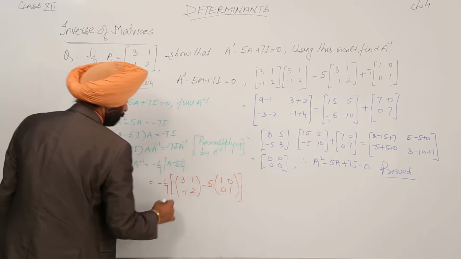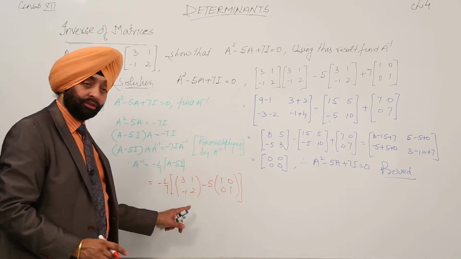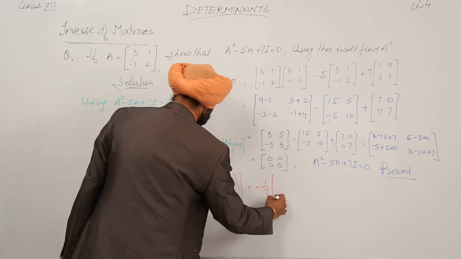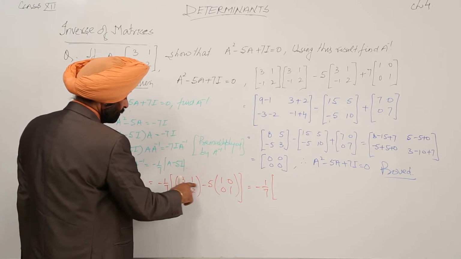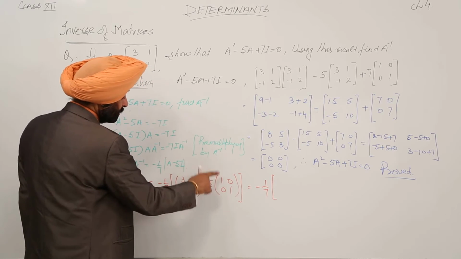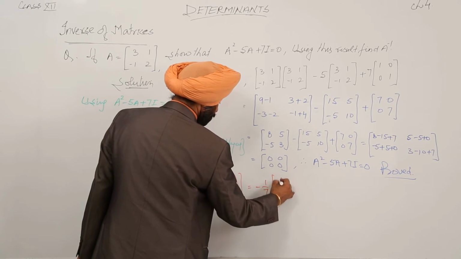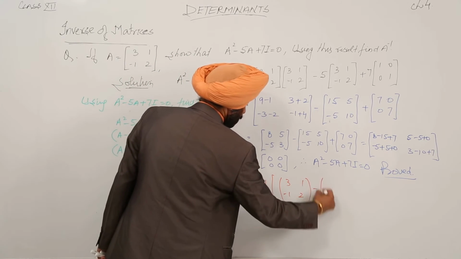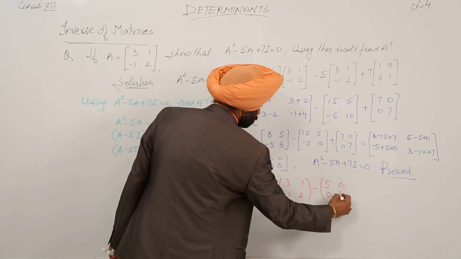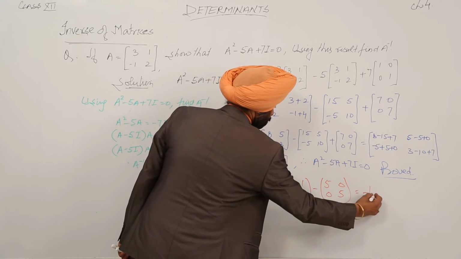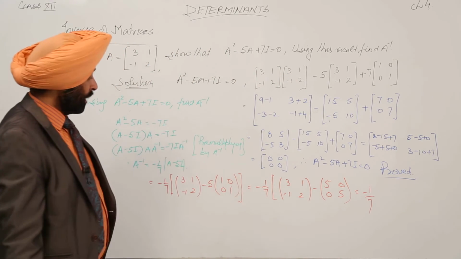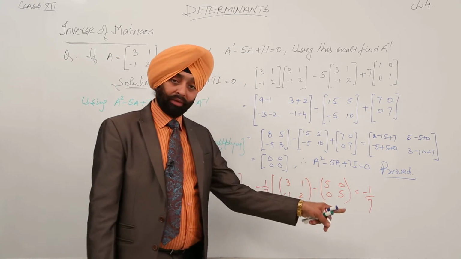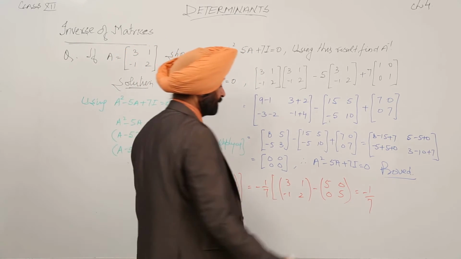Remember, a matrix can be written in this manner also. So this further becomes minus 1 by 7 times [[3, 1], [-1, 2]] minus [[5, 0], [0, 5]]. This is equal to minus 1 by 7 times [[3 minus 5, 1 minus 0], [-1 minus 0, 2 minus 5]], that is minus 3.